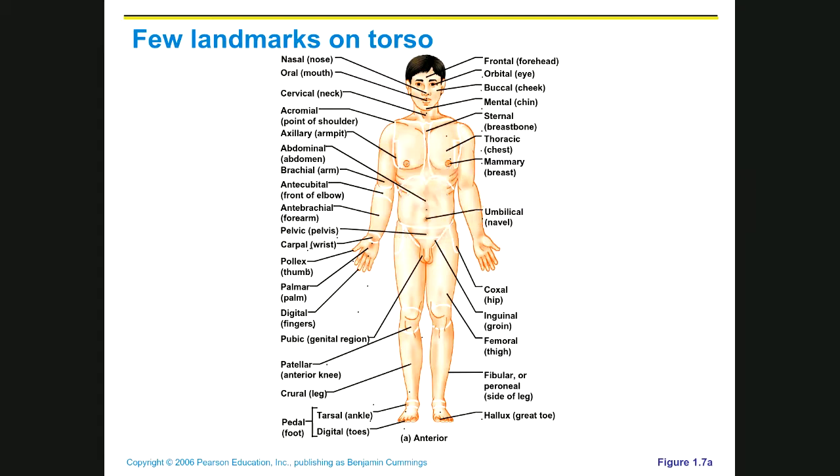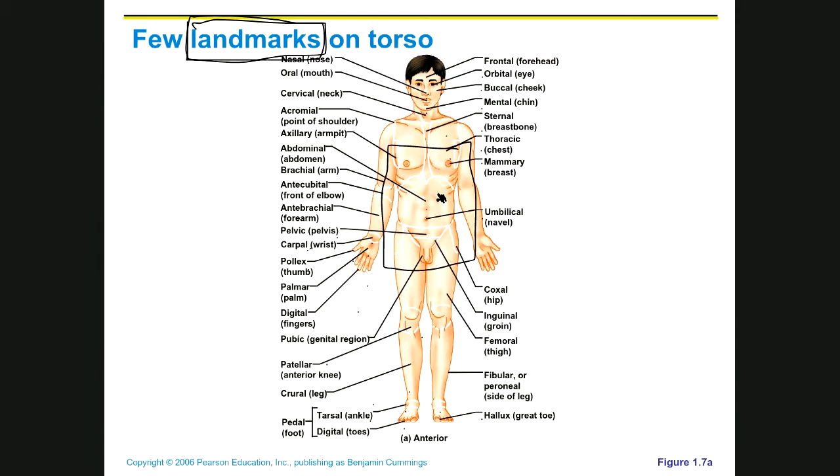And things that we can see easily, we call landmarks, because we use them to figure out where we are. So if somebody came into the hospital with a lesion right here, it would be very difficult to describe where it is using the landmarks.